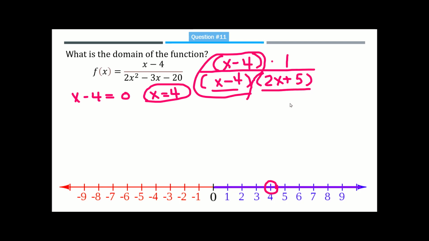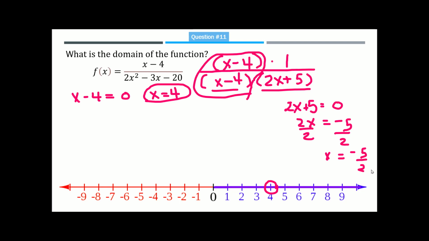Same thing would happen here at 2x plus 5. All right, if that's equal to 0, we're going to have another hole. Subtract 5 from both sides and divide by 2. So we'll have a hole at x is equal to negative 5/2.